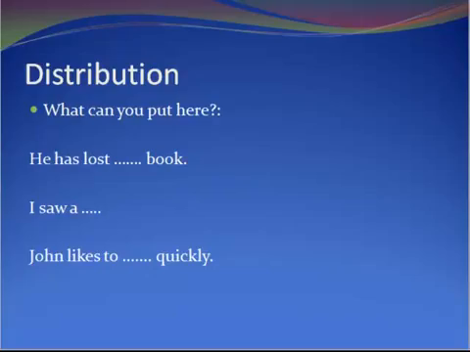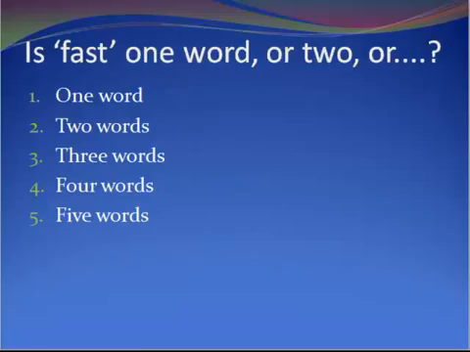I saw we've already done that: a star, a book, a dog, so all those words must be nouns. "John likes to ... quickly." Well, words like walk, eat, swim: verbs. All those words are verbs and they fit in that position. So that's how you can use distribution.